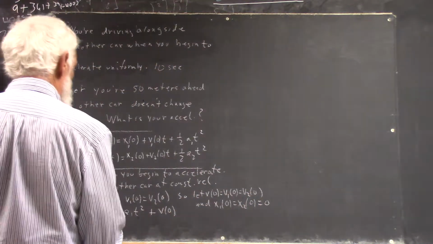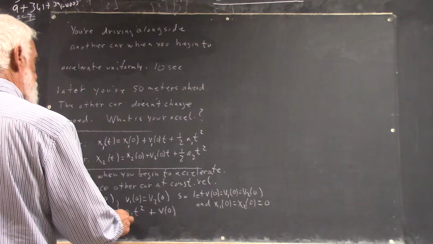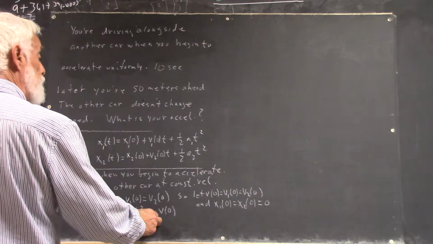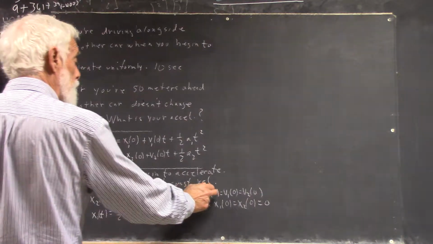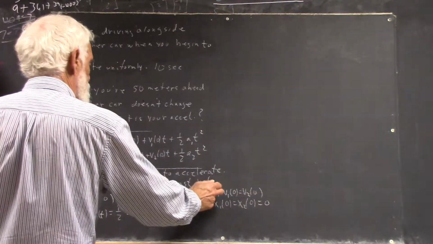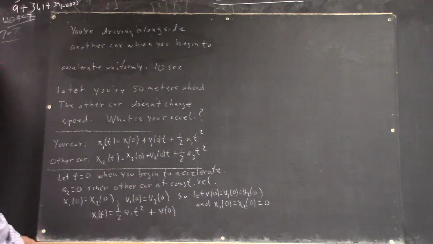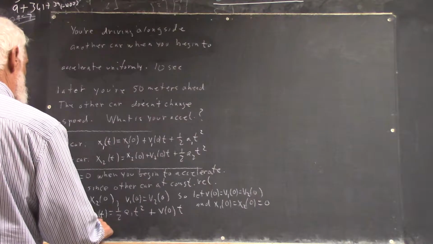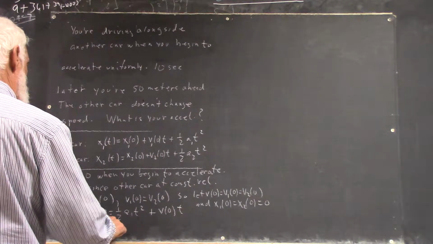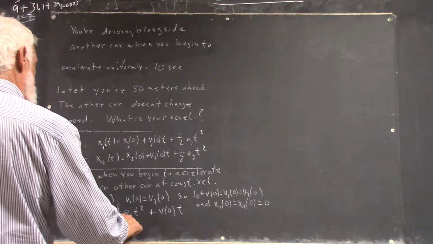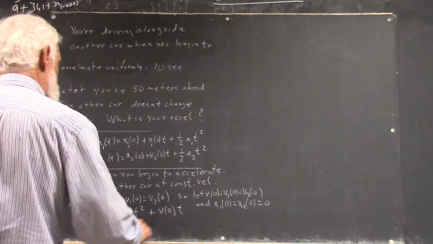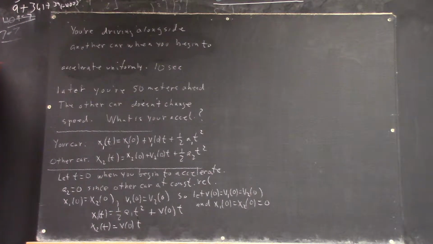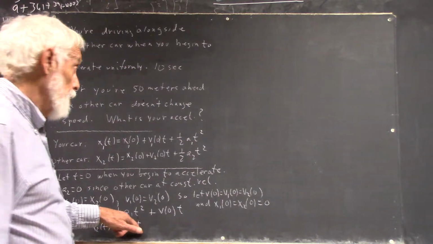So x1 of t then would just be 1/2 a1 t squared plus v of 0, again being the constant, or the common velocity, times t. And x2 of t is v of 0 times t.